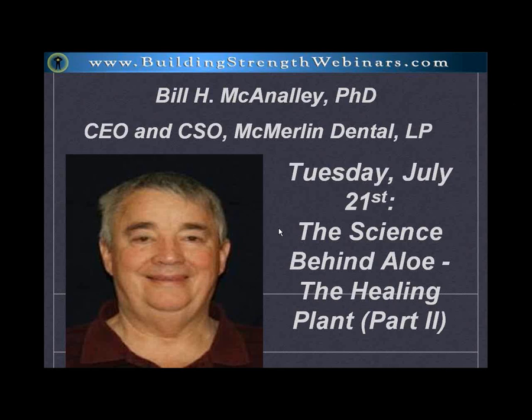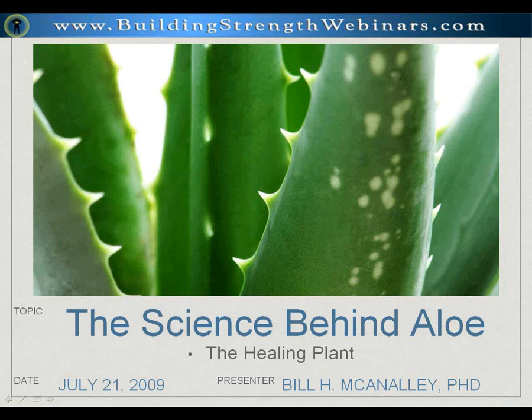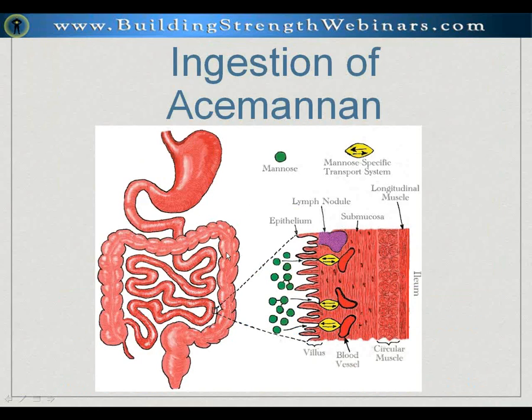For example, we talk about the absorption and breakdown of ace mannan. Here's one of the diagrams that Danny helped to illustrate this. In our small intestine, we have little pumps that are sodium dependent, and they help pump mannose into the bloodstream.